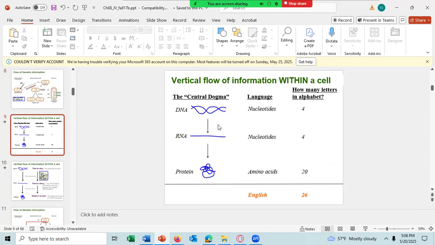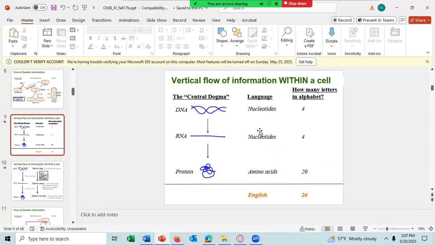All right, so the vertical flow of information within a cell starts in DNA, and the language that that information is stored in is called nucleotides, the DNA nucleotides. There are only four different nucleotides, so there are only four letters in the alphabet. For RNA, the information flows to RNA, and that information is stored in the RNA nucleotides.